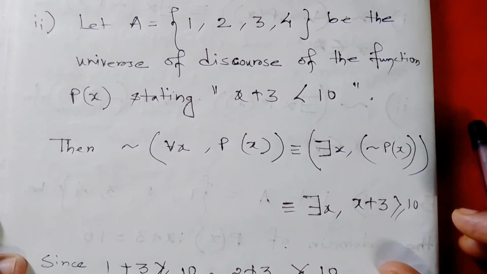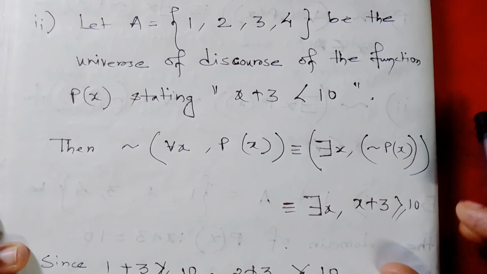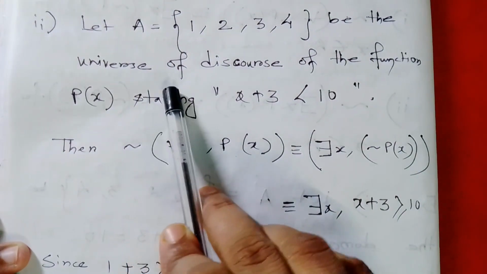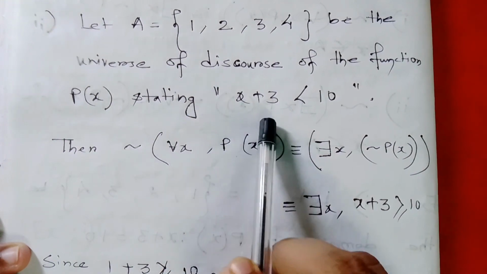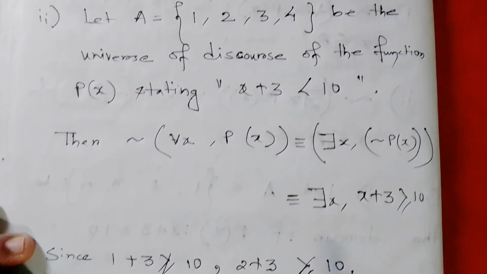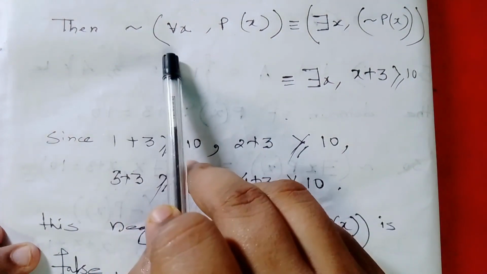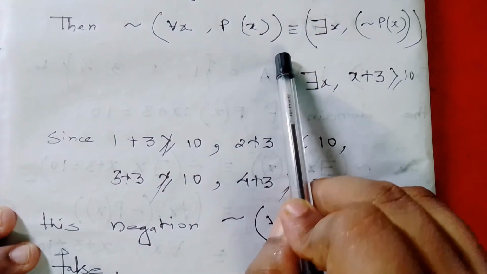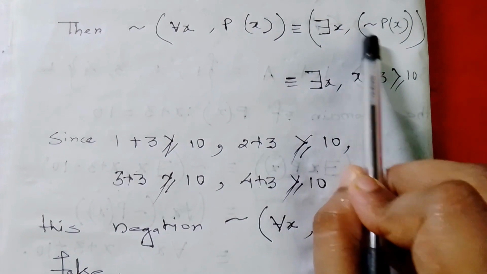Now coming to the next example of negating quantification. Let A, which is 1, 2, 3, 4, be the universe of discourse of the function P(x) stating x plus 3 less than 10. Then the negation of the universal quantification x of P(x) has logical equivalence with the existential quantification x of negation of P(x).